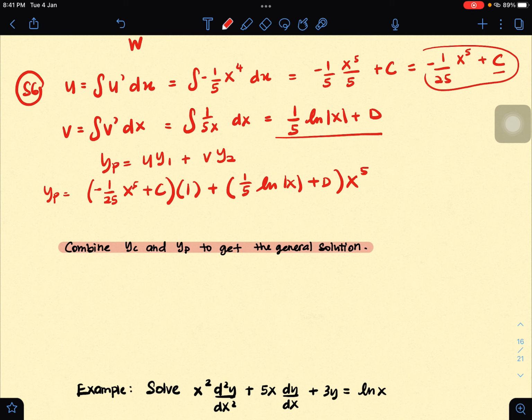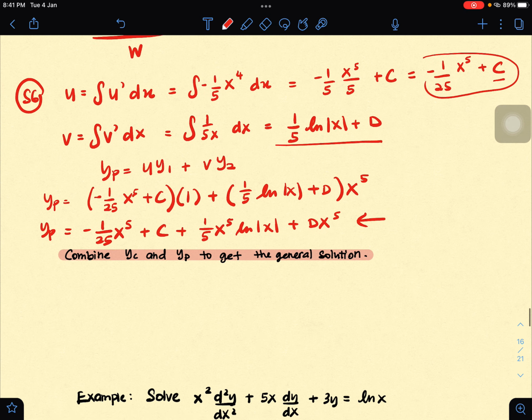You can open the bracket. You will have your yp equal to negative 1 over 25x to the power of 5 plus c plus with 1 over 5x to the power of 5 ln x plus dx to the power of 5. So this one is your yp. So now you already have your yp.